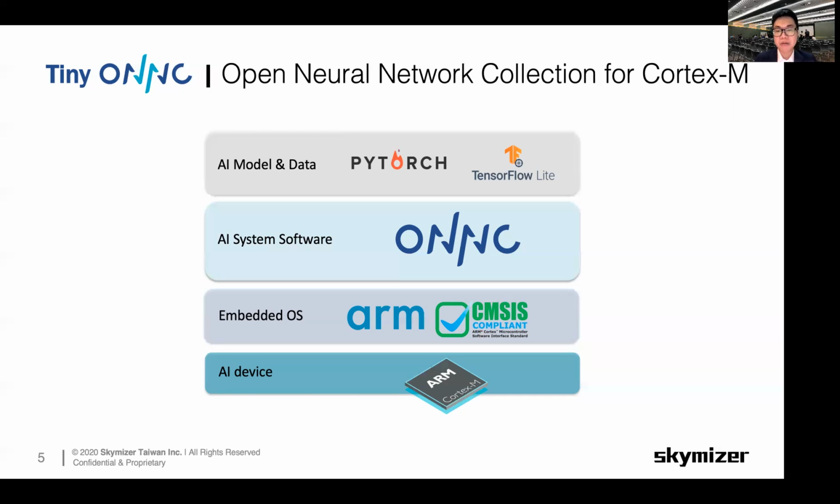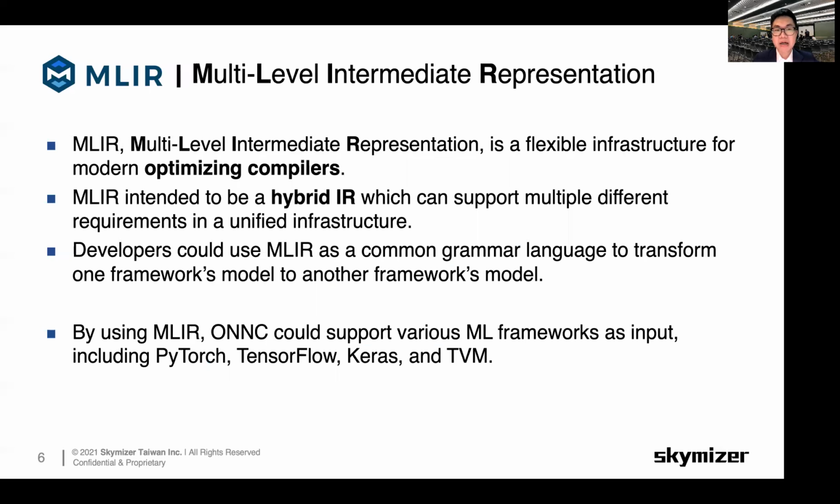So how about MLIR? MLIR is Multi-Level Intermediate Representation. It's a flexible infrastructure for modern compilers. MLIR is intended to be a hybrid IR which can support multiple different requirements in a unified infrastructure.